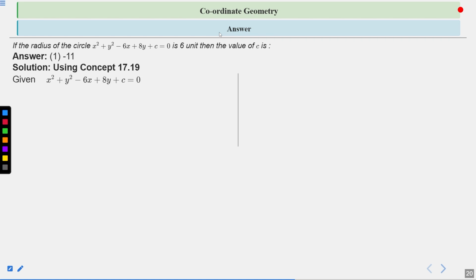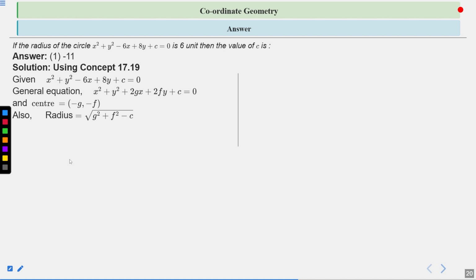So given that x square plus y square minus 6x plus 8y plus c equals to 0. The general equation is x square plus y square plus 2gx plus 2fy plus c equals to 0. Comparing it, because we take minus g and minus f as the coordinate of the center, the radius will become under root g square plus f square minus c.